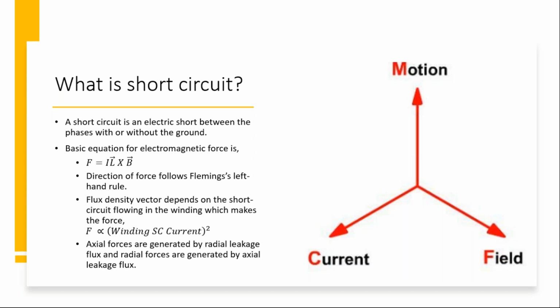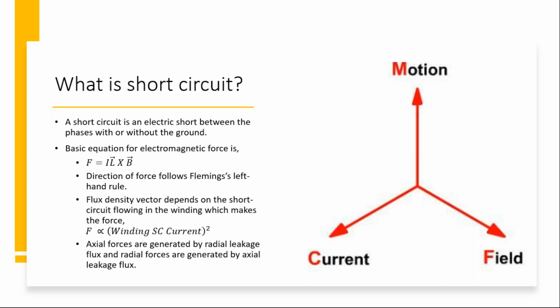Coming to the force, when a short circuit current flows, the force exerted follows Fleming's left-hand rule, which is shown here. The field will be orthogonal to the current, and the force generated will be orthogonal to both the current and the field. Since the flux density, which is the field, depends on the current, the force is directly related to the square of the short circuit current.